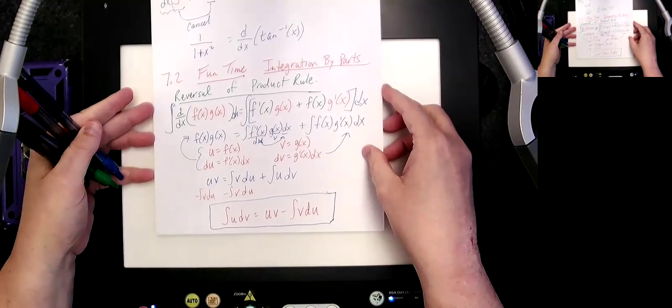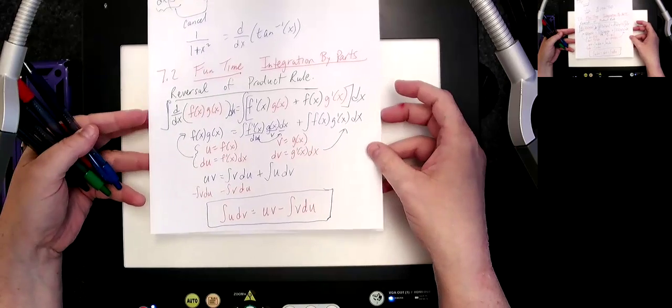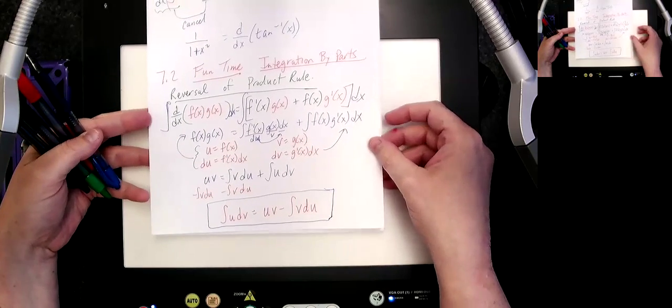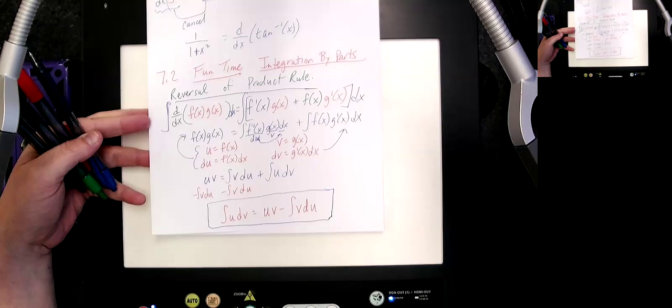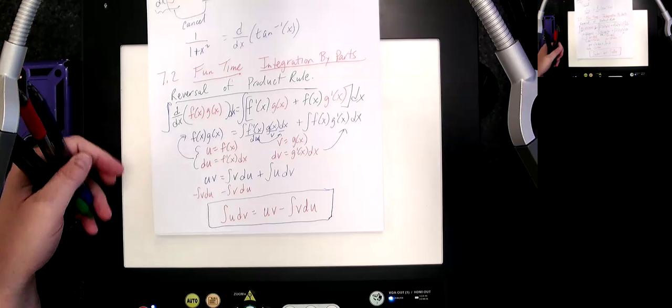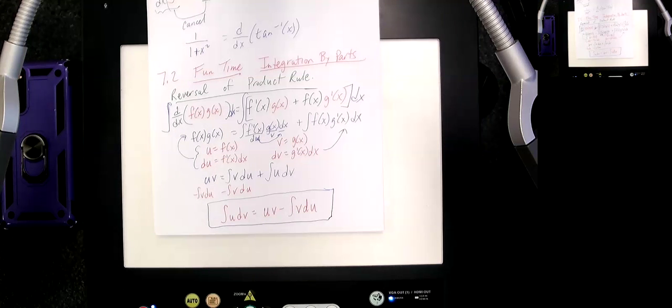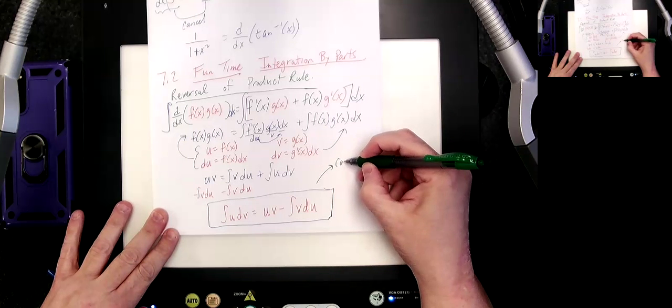I think the best way to illustrate this is with an example, though. Does anyone need this up longer? Yeah, I see pencils going. So what this kind of does is it converts an integral to another form.